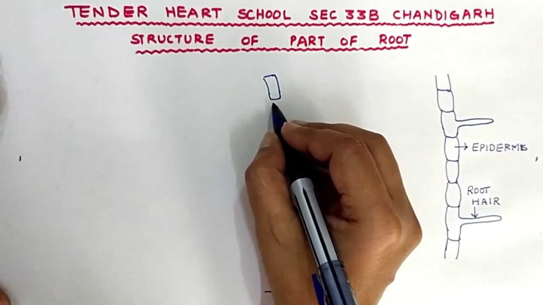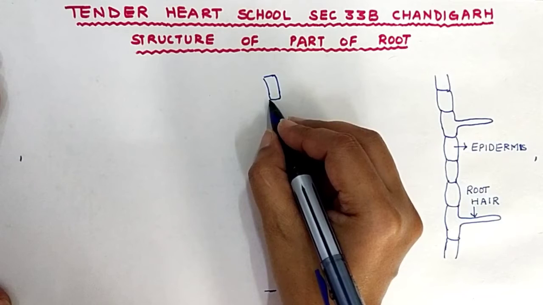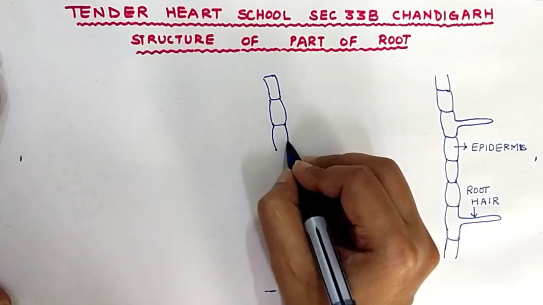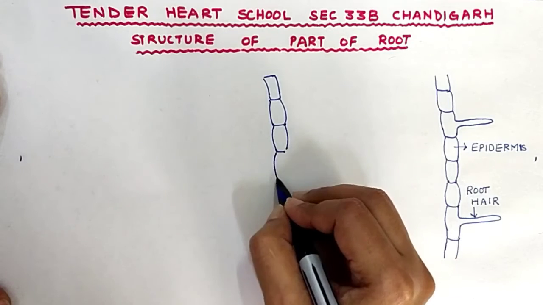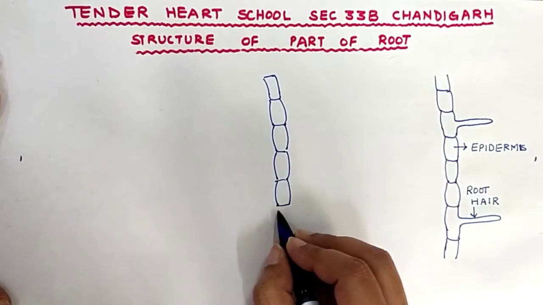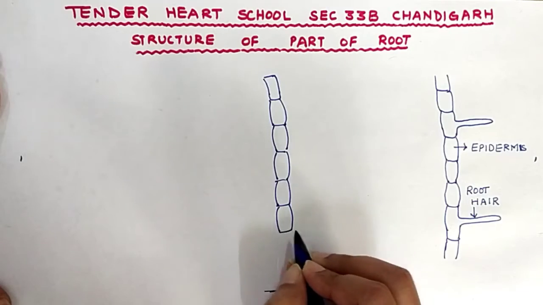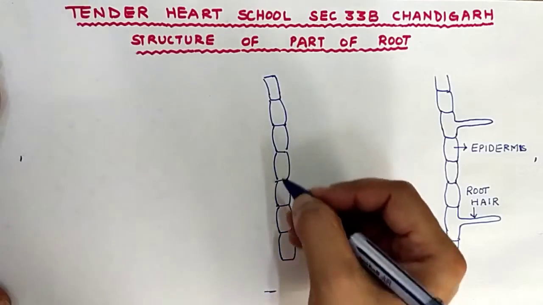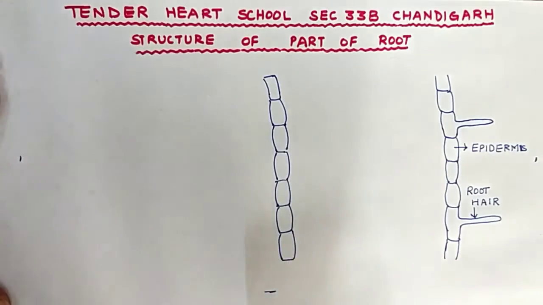This is epidermis and further inner we have the endodermis. So let us draw the endodermis. All these cells are rectangular in shape, right?